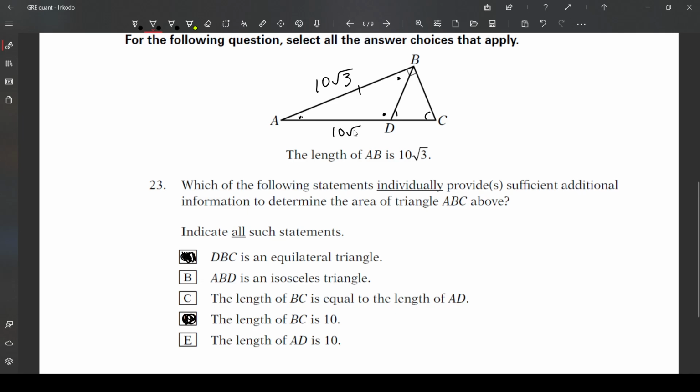This is 10 root 3, then this is 90 minus alpha over 2. This is 90 plus alpha over 2. This is 90 minus alpha, and this is alpha over 2.